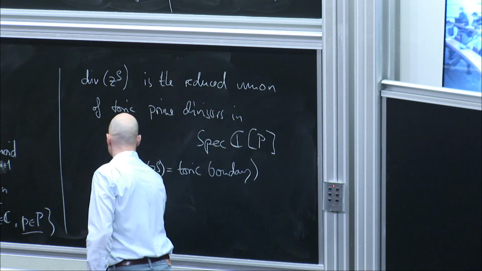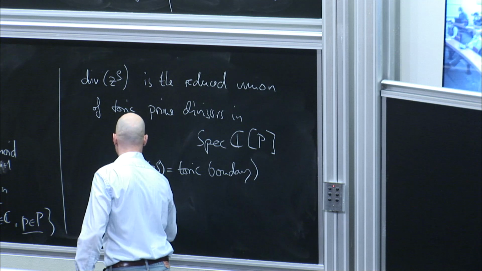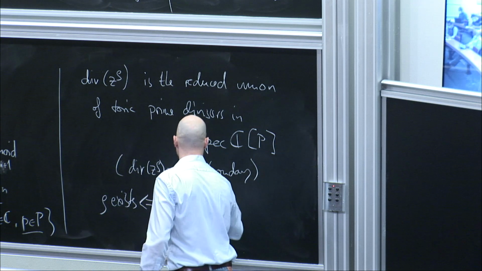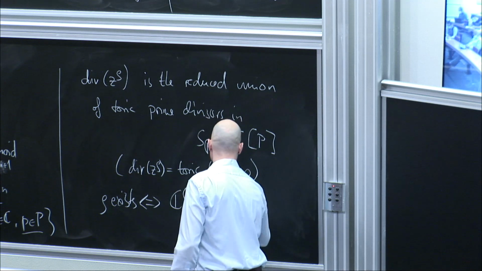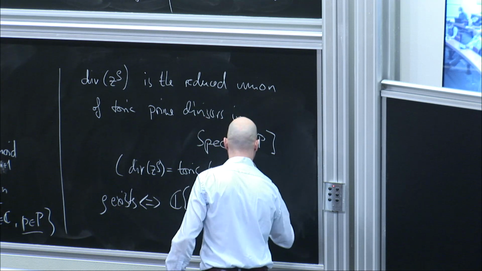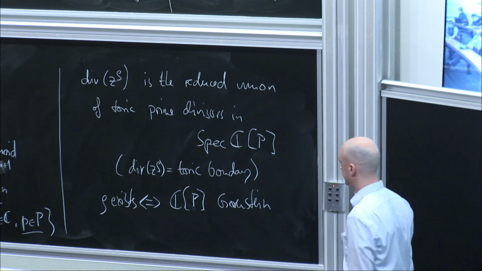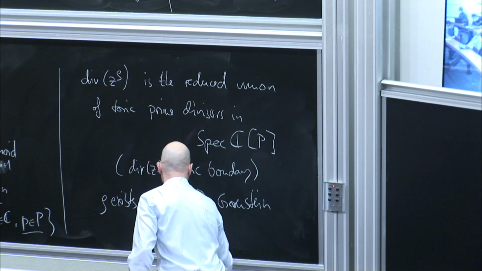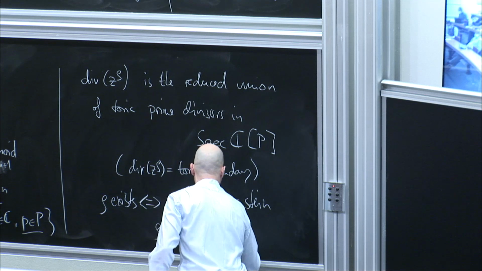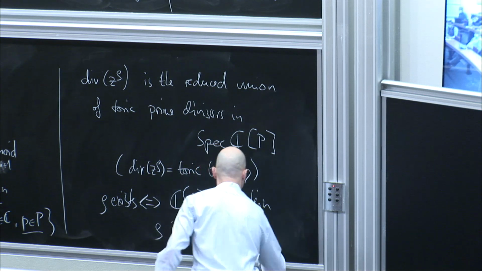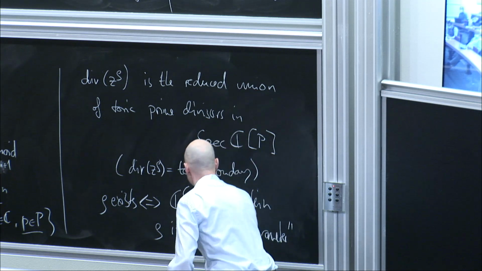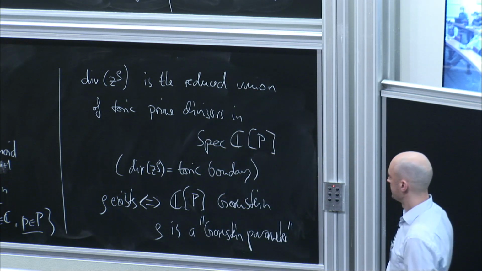Rho exists if and only if the variety is Gorenstein, or the ring is Gorenstein. Because this is also called a Gorenstein parameter.